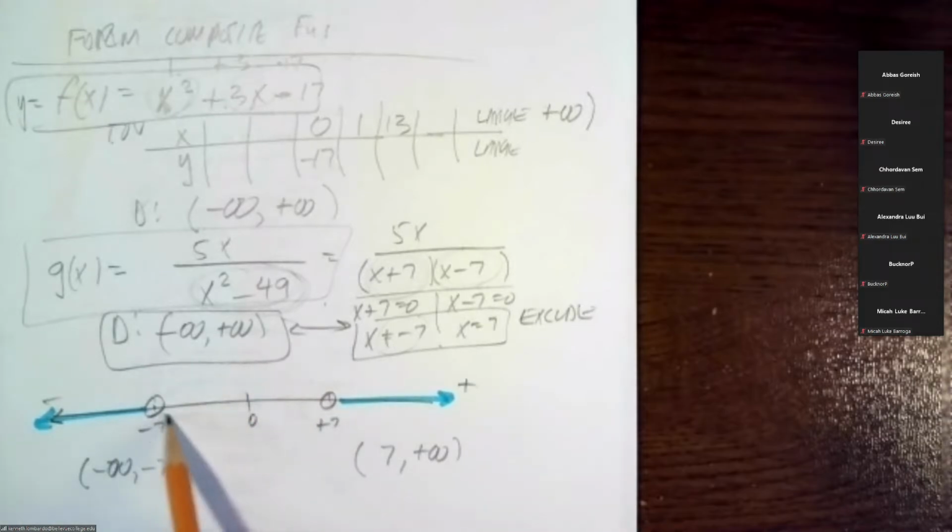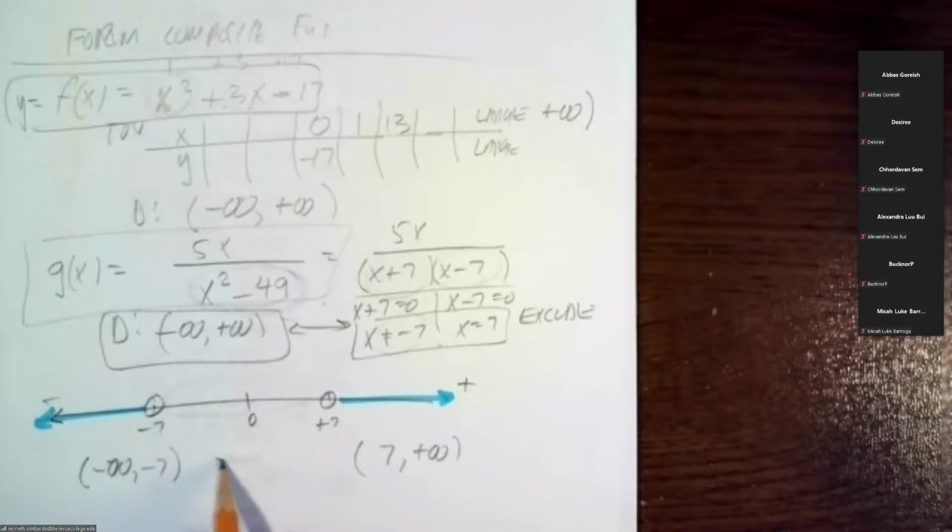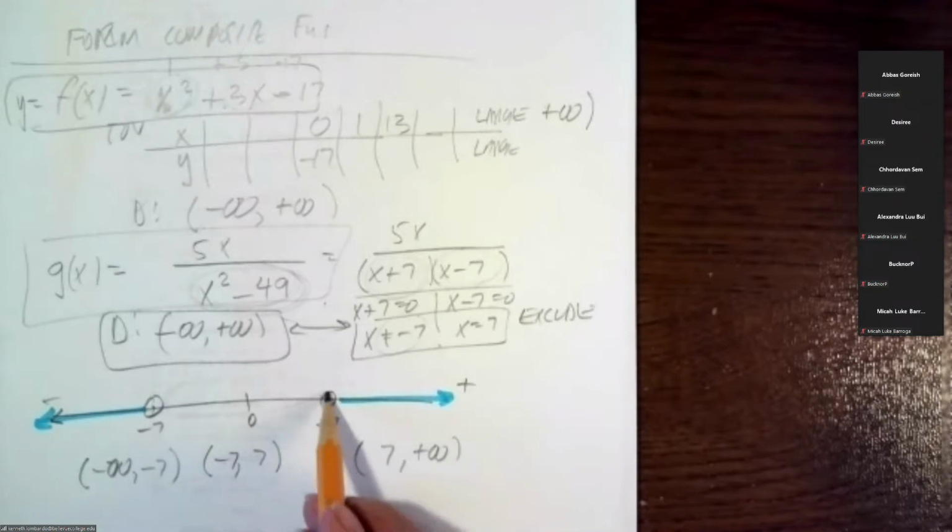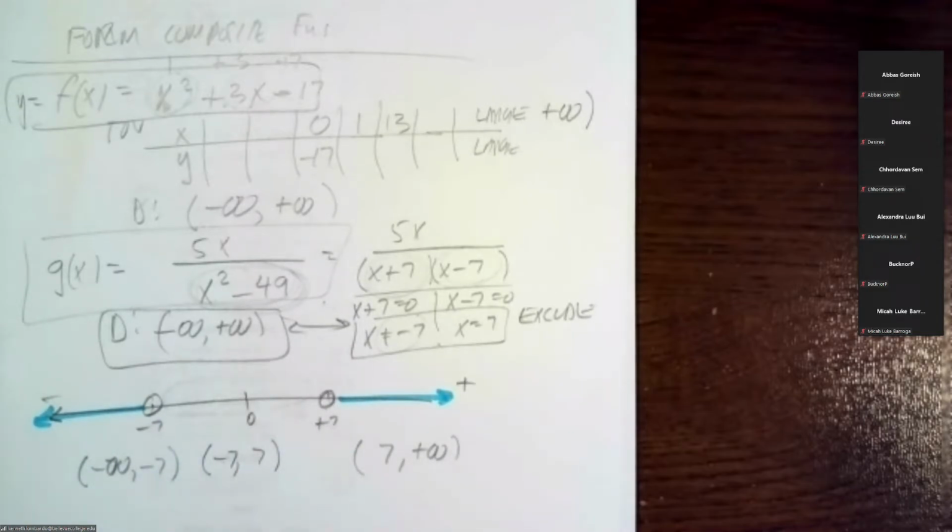Now, how about in here? What can we say here? Well, let's see. As long as we're not -7, so anything greater than -7, not including -7, up to +7, but not including +7. We can't include these values, can we?